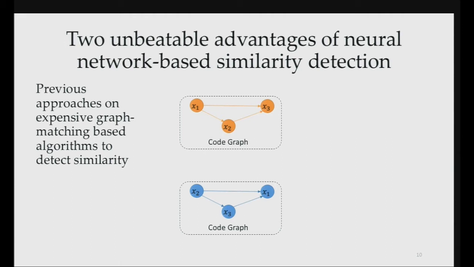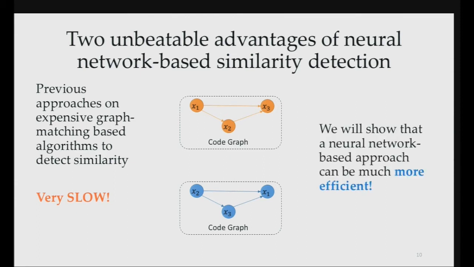However, a graph matching algorithm is very expensive, typically cubic in the number of vertices in the graph. So these algorithms are very slow. Using a neural network approach, we show that there is a dramatic speedup in efficiency. I will explain why this is more efficient in the following discussion.